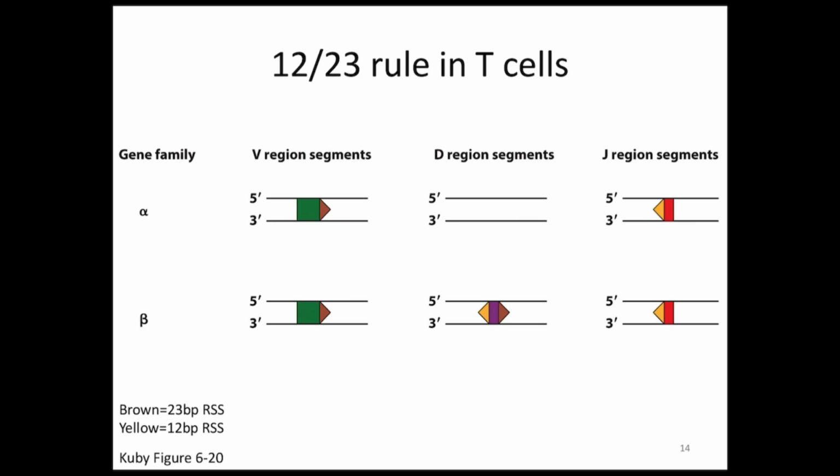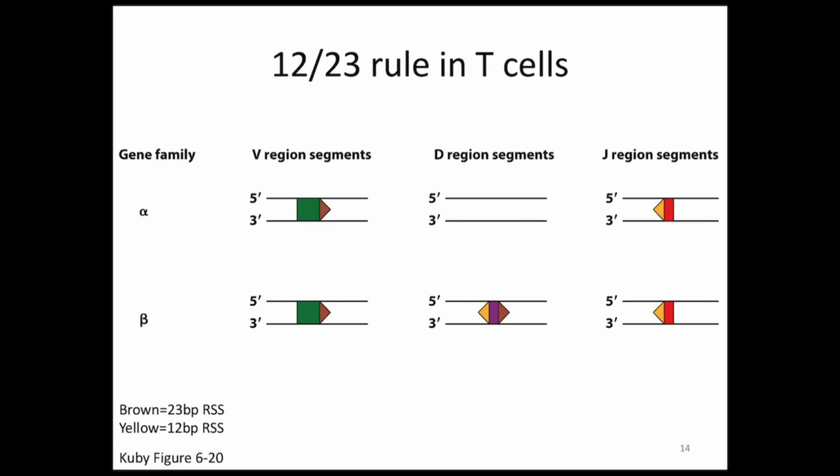Right, so basically in the B cell situation, V had one kind of RSS. D had one kind of RSS. And J had this other kind.